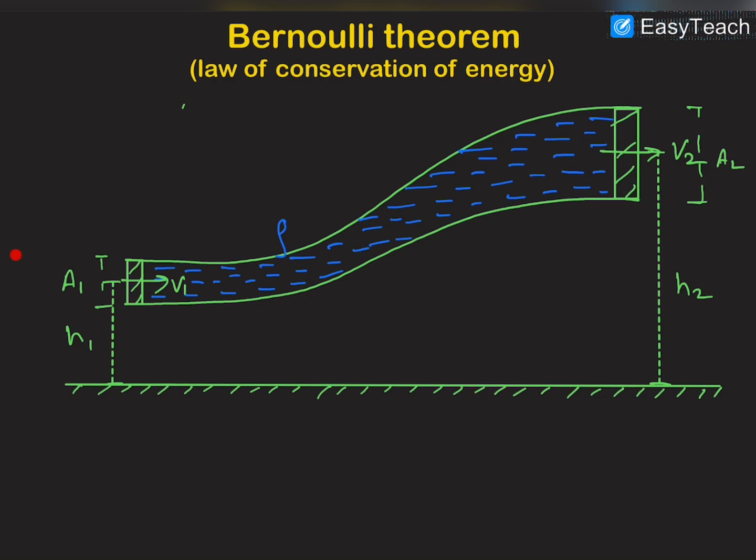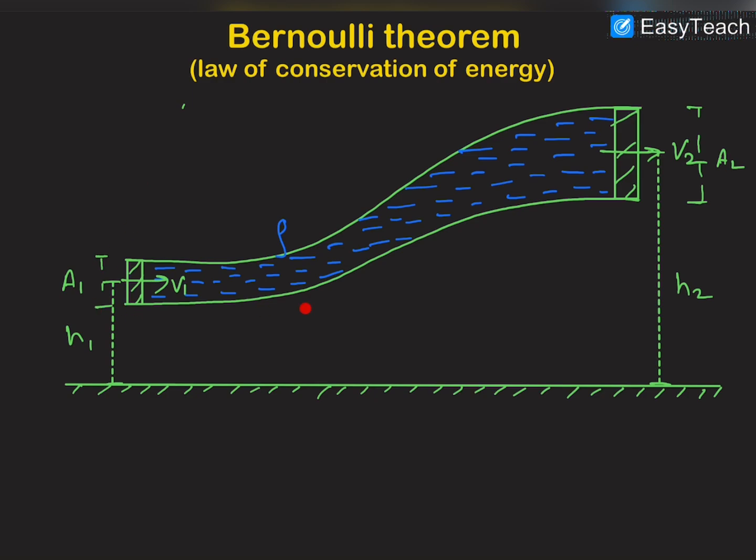So there is some liquid which is pushing this liquid inside this pipe, and there is some liquid in front of this section which is pushing this inside this pipe. But liquid is flowing like this, and we are concentrating on this section only.